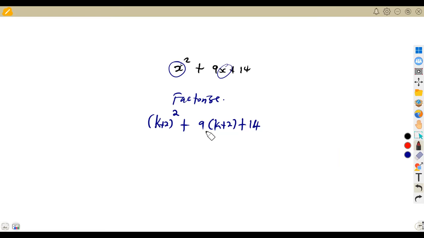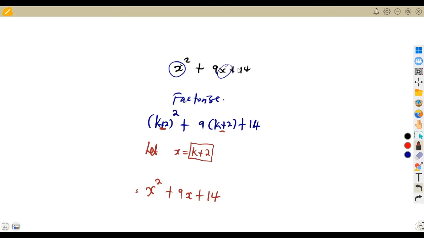You can simply let x be equal to k plus 2. Where I'm seeing k plus 2, I'm going to substitute x. So this whole part is equivalent to x squared plus 9x plus 14.